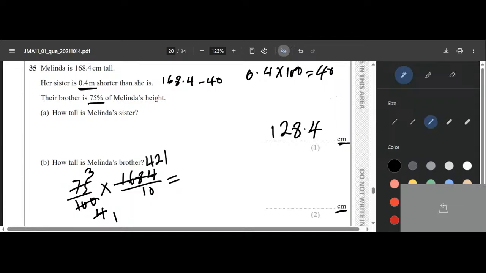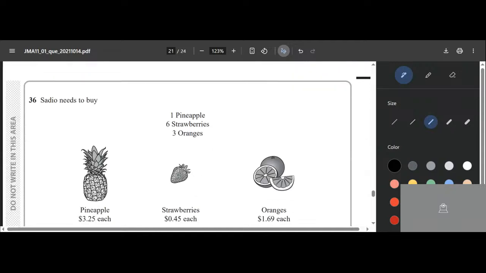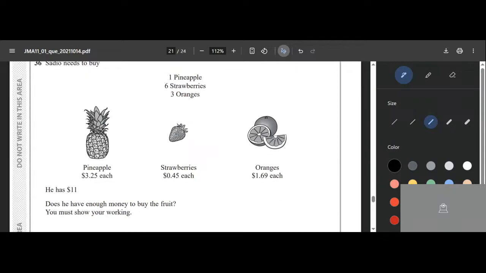So we have 421 times 3 divided by 10. This will give me, this is 3. 6, 12 divided by 10. So the brother is 126.3 centimeter. Then now we can move to the last question here.